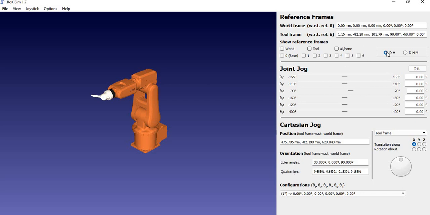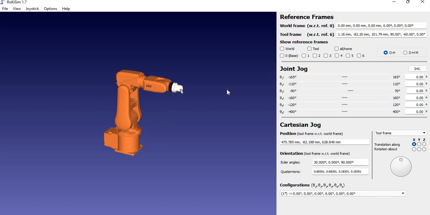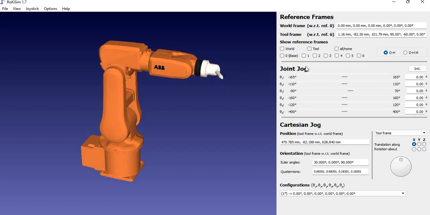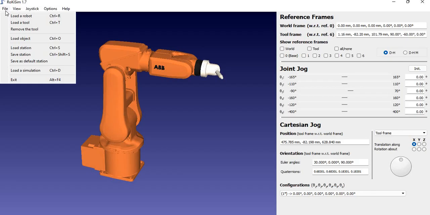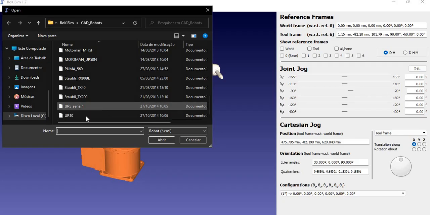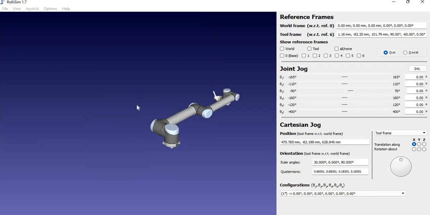Okay, at this moment, I'm not so sure what is changing right here on this robot with DH. But we do have DH representation on the simulator. Load the robot, one of the most simple.